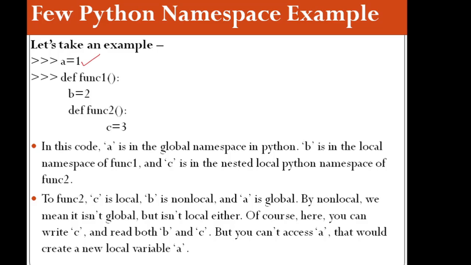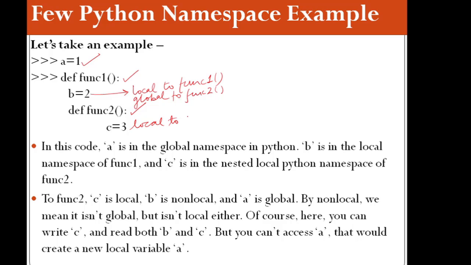So here you can see this is a global variable we have declared. Then we have func1, the inner function, the nested function. This is local to func1, but global to func2.